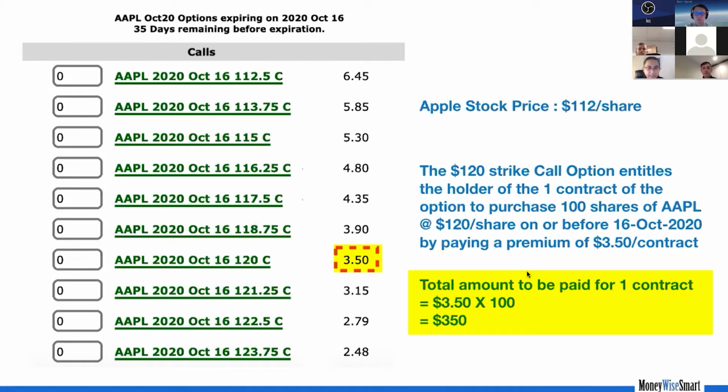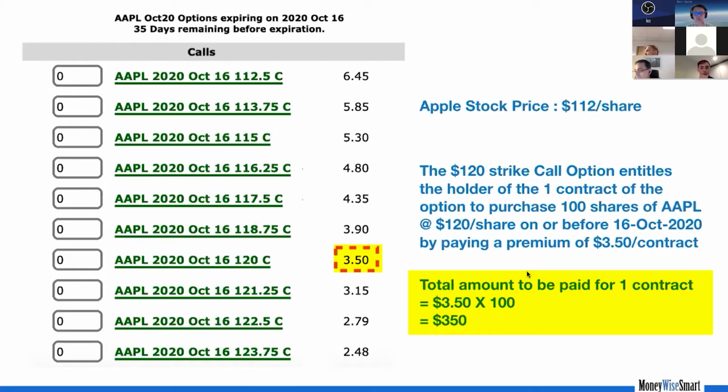Now, the interesting thing is, if Apple shares go to zero, then if you are a stockholder, you lose the entire investment. But in case of an option holder, you just lose the option premium, which is $350. So that is the benefit of having a leveraged instrument.